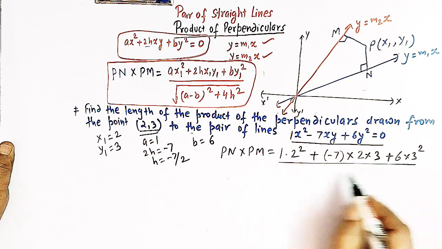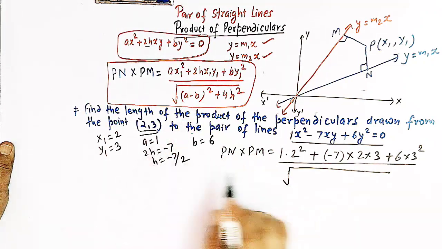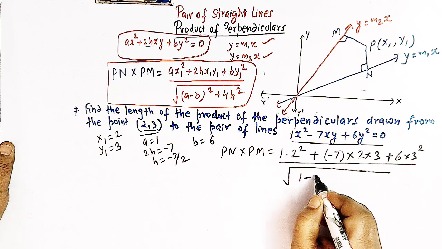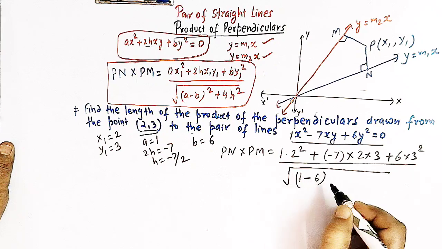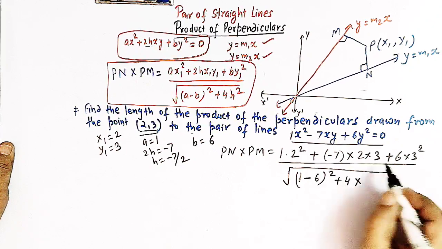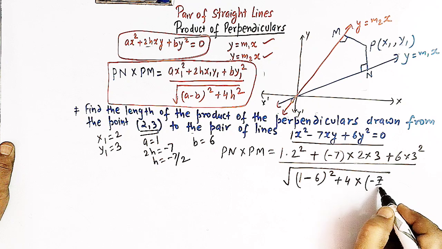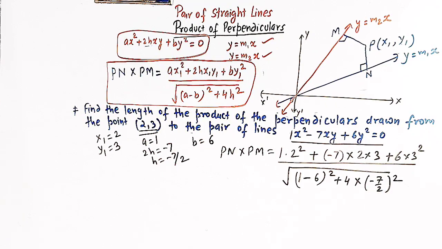In the denominator we have (a minus b) square, a is 1, b is 6, so we have (1 minus 6) square, then 4 times h square, h is minus 7 over 2, square.